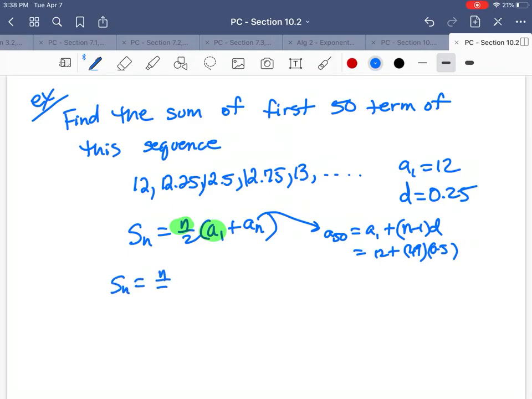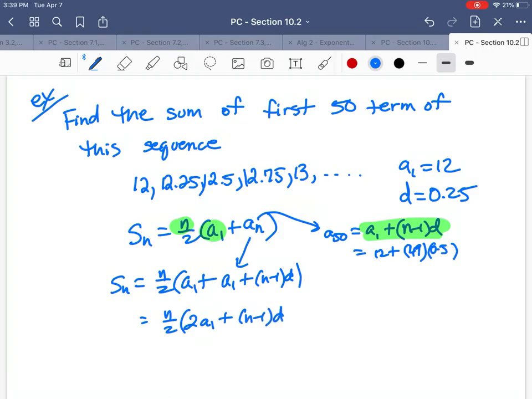Sn equals n over 2 times a1 plus an, where an is this formula I put right here. We plug that in, and this is an alternate formula for a summation. We would get a1 plus n minus 1 times d, and so this creates a new formula, 2a1 plus n minus 1 times d, that maybe some of you use. Okay, so I'll just use that.